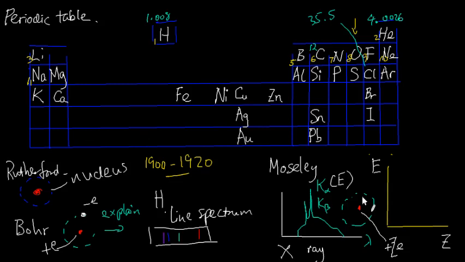So that was as I have described in my videos on characteristic X-ray. The calculated graph by Moseley goes through all the measured points obtained from the measured energies of the X-ray spectrum.